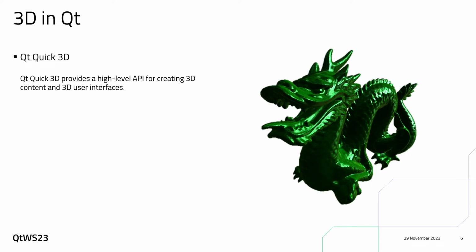Fortunately, there is no problem. As you know, Qt supports 3D through Qt Quick 3D, which is a high-level API for creating 3D content and 3D user interfaces. Here we have an example of a dragon rendered in Qt.